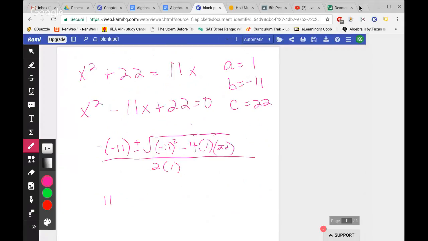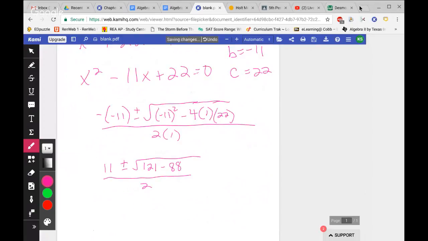So I've got 11 plus or minus, 11 squared is 121, and then 4 times 1 is 4, times 22 is 88. So 121 minus 88 is 33.